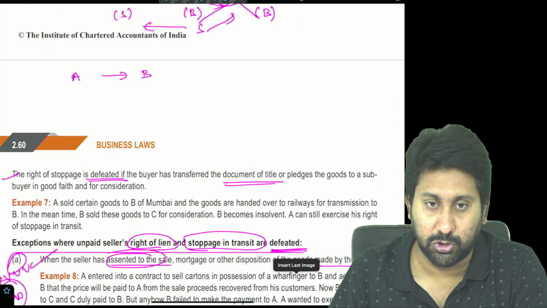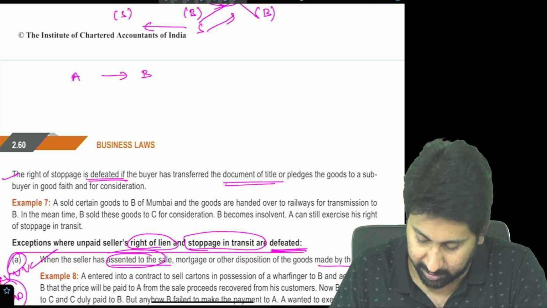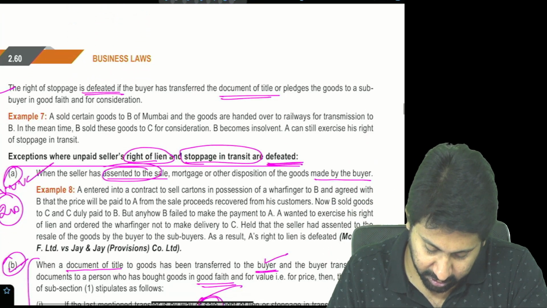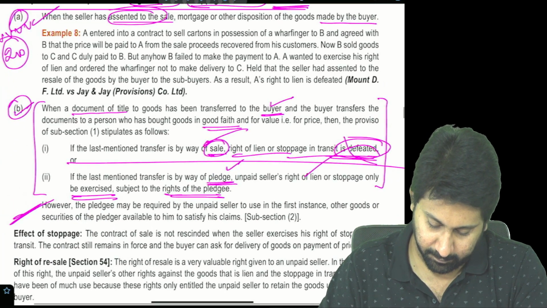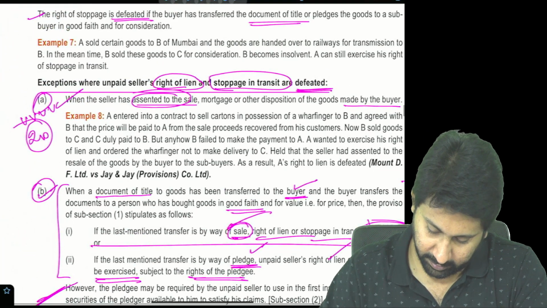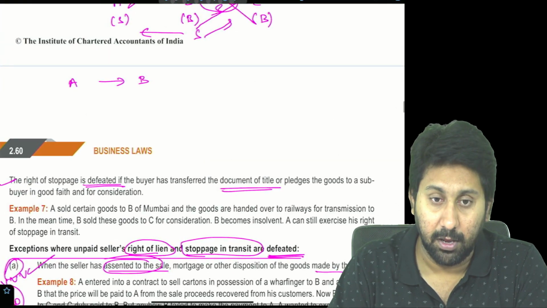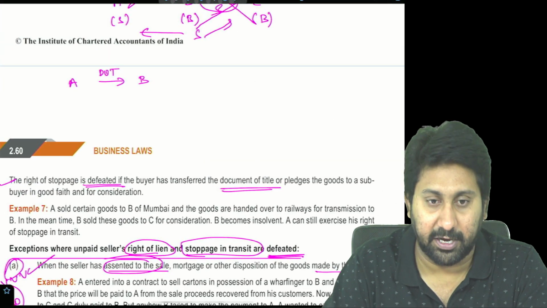A agrees to sell the goods to B, as a normal thing. Document of title has been transferred.